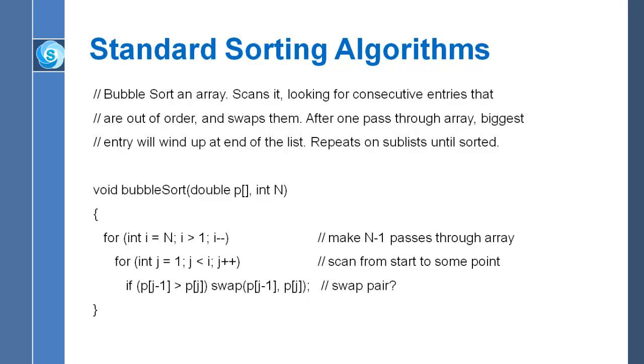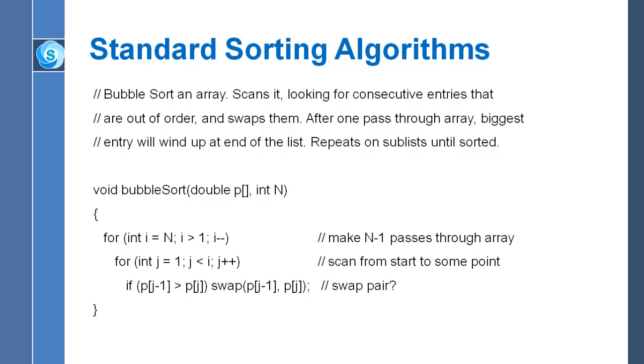Okay? So in the case of bubble sort, I'm passing to this function bubble sort an array of doubles, which I happen to name P. P is not a very suggestive name for an array, but there it is.